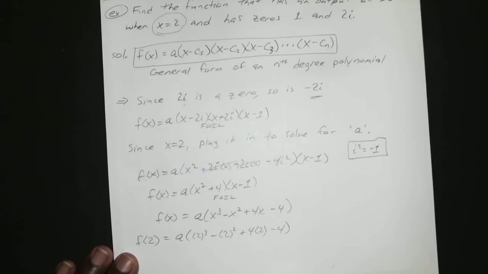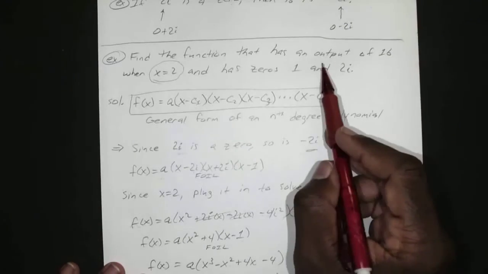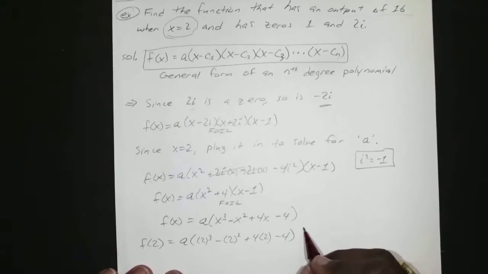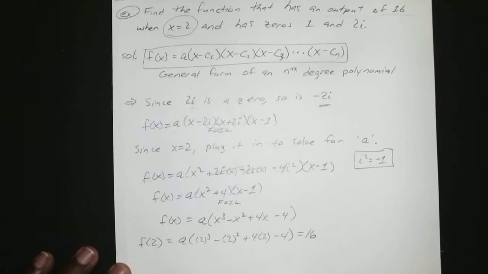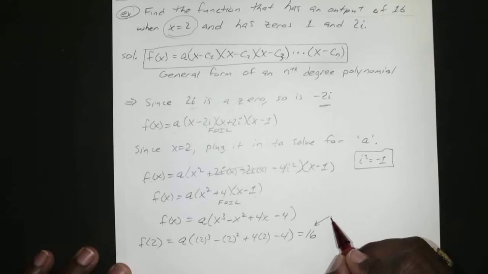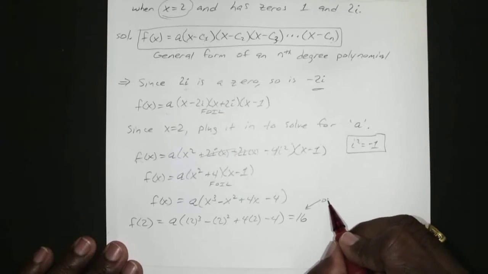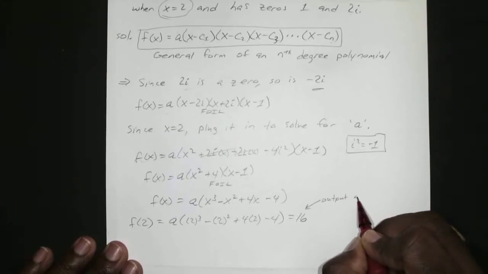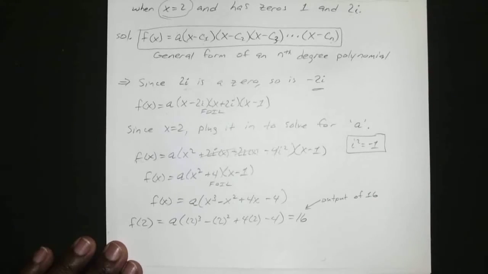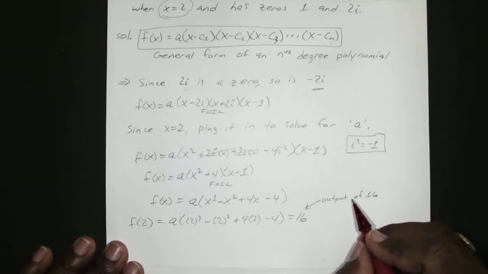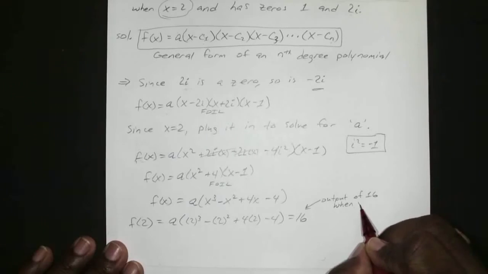And we know just from the beginning that output of 16 means this is going to equal 16, when x is equal to 2.